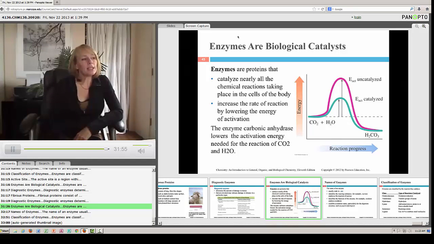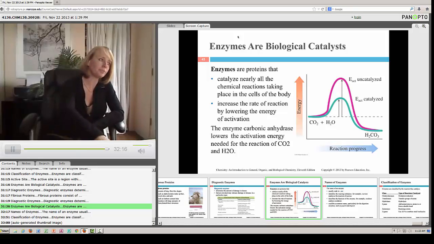When you name an enzyme, typically we'll see that the enzymes will end with ASE. So if you hear the word sucrase, for instance, it is an enzyme that catalyzes the reaction with sucrose. Oxidases actually help catalyze oxidation reactions, and enzymes such as pepsin and trypsin are involved with digestion.